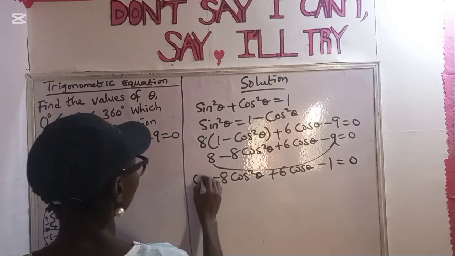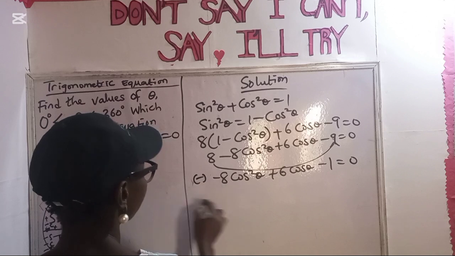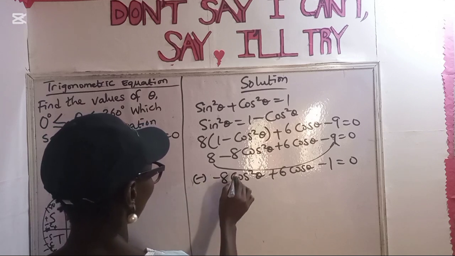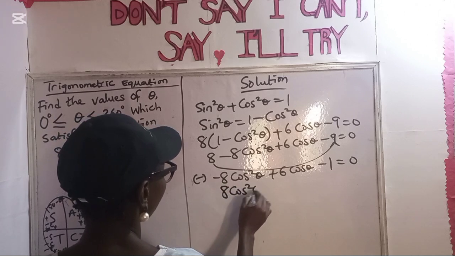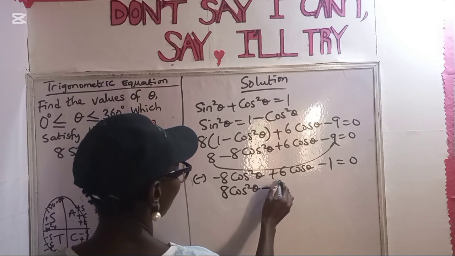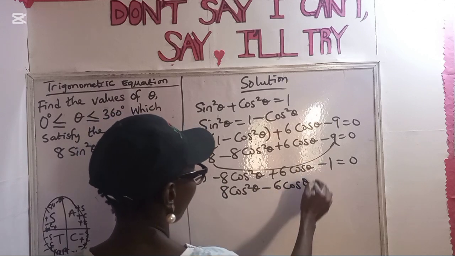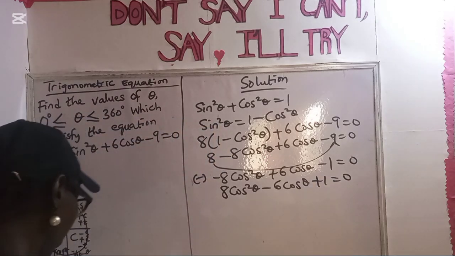So we introduce minus here to eliminate this negative that is outside. Minus times minus will give us positive, so we have 8 cos square theta, minus times plus is minus 6 cos theta, minus times minus is plus 1, equal to 0.